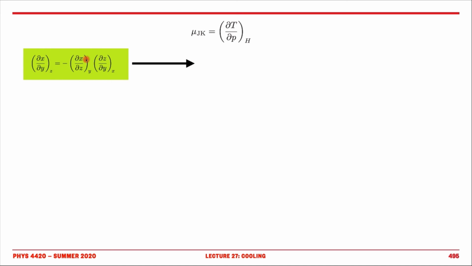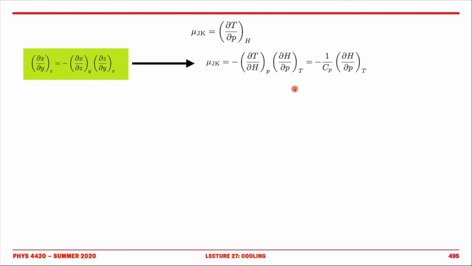Now, using the reciprocal theorem and the reciprocity relation, we can rewrite again this derivative the same way as we did before for the Joule expansion, and we find that one more time we can calculate all these things.